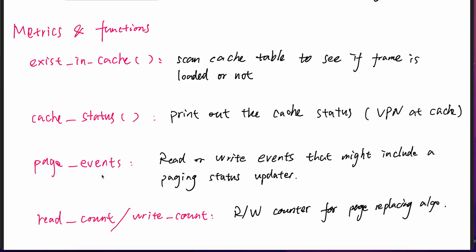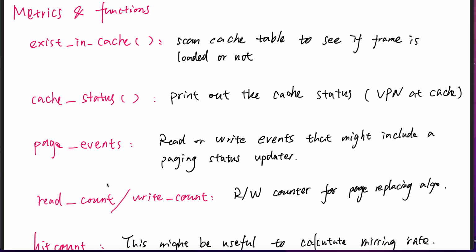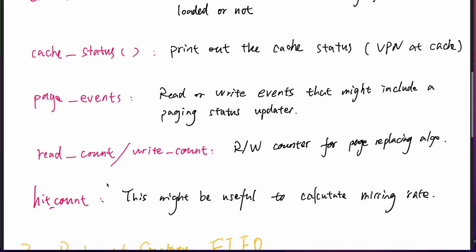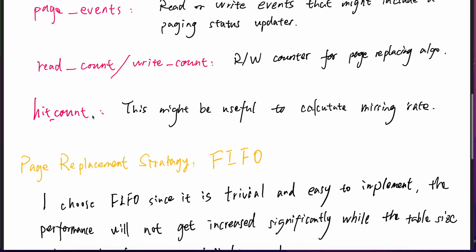So we know exactly what happened when the user interacts with the operating system or the memory system. Then the read count and write count are basically loggers for the read or write requests to the page table. Also hit count, which is useful to calculate the miss rate.